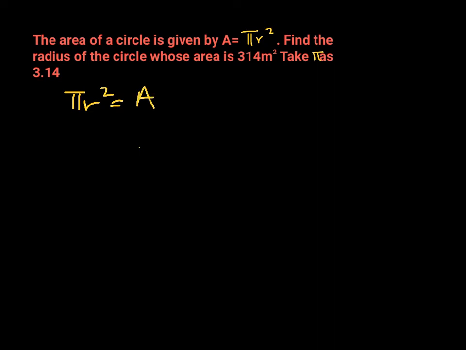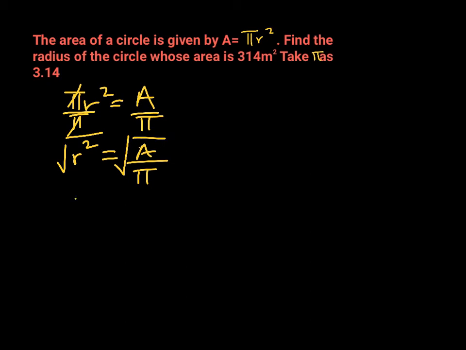To make r the subject, we divide this side by pi, and we also divide this side by pi. So the pi's cancel out. Because this is a square, we want to take a square root of both sides. That leaves us with r is equal to square root of A over pi.